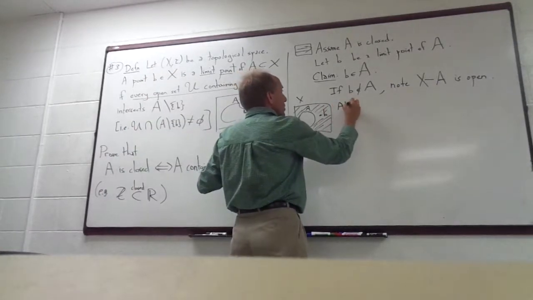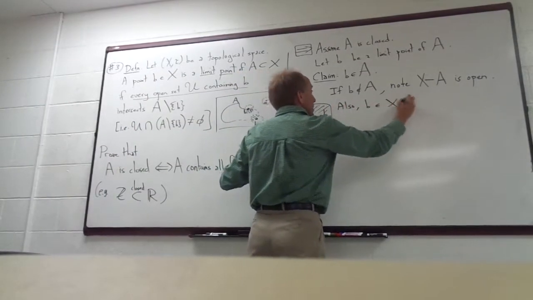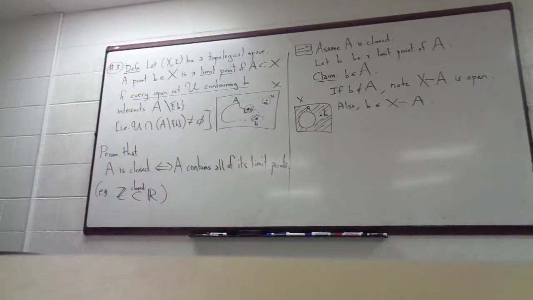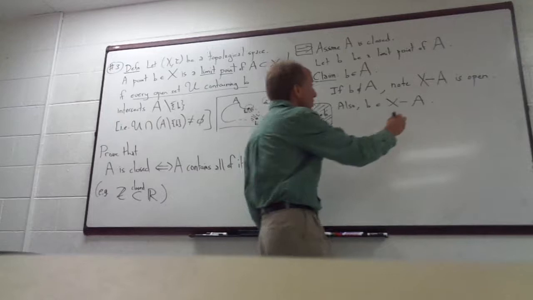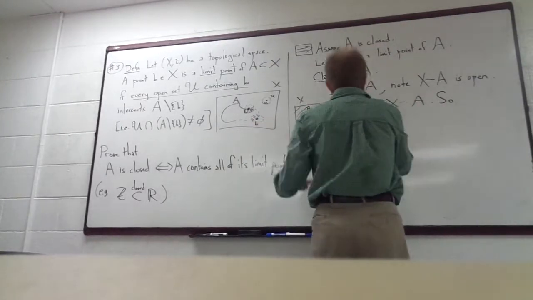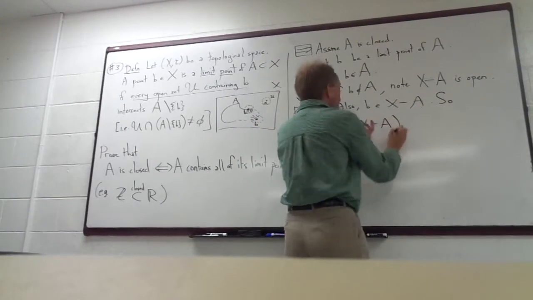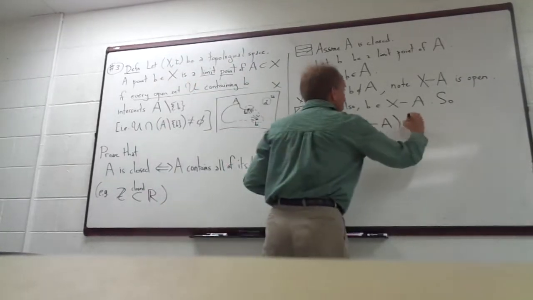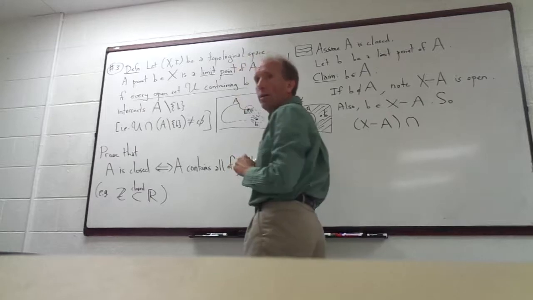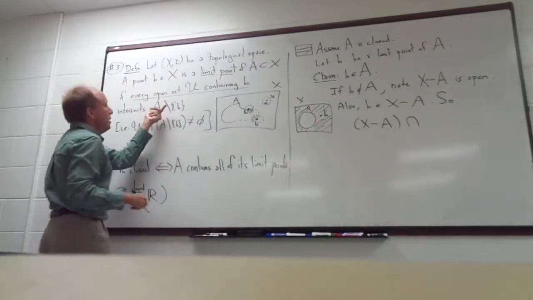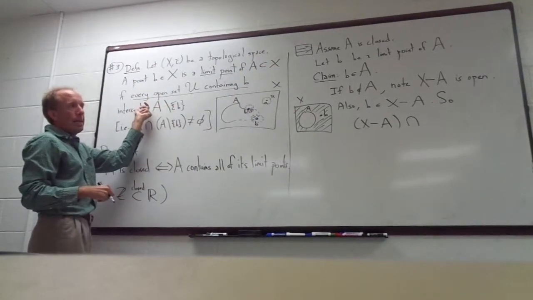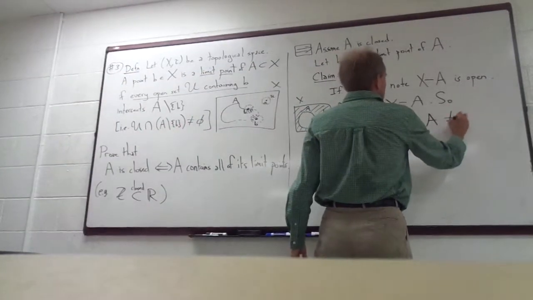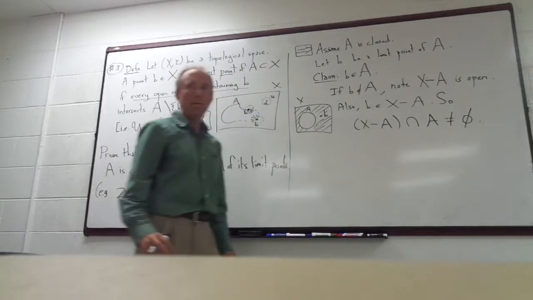So also, B is an element of that, right? B is in the whole space, but it's not in A. So we know that that open set, which is X minus A, is like my U, right? I'm using that as my U. When I intersect that with A take away B, but wait a minute, A take away B is just A. By assumption, that's not empty.